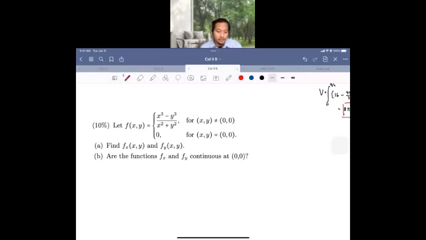At (0, 0), it becomes 0. This means that we need to check. First, you need to remember, or utilize, the continuity definitions in chapter 14. Okay, chapter 14.